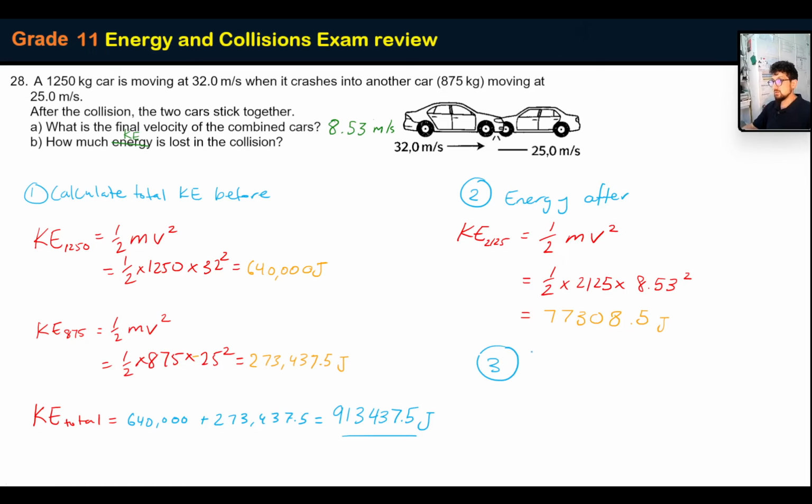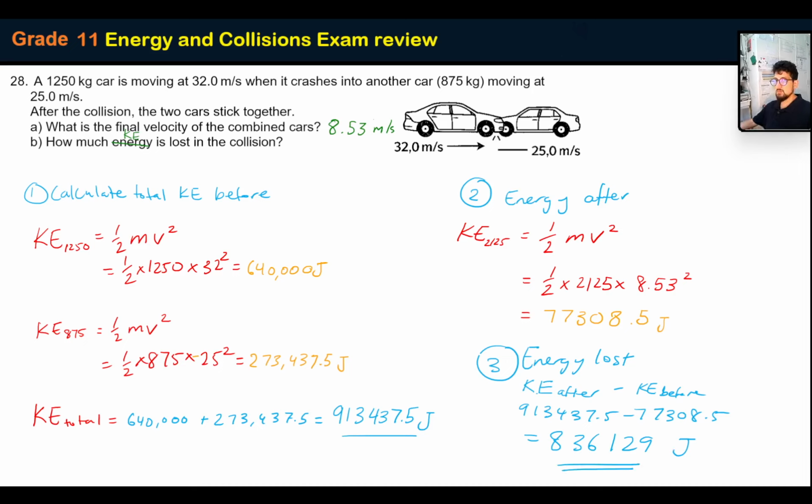So the energy lost is going to be energy after minus KE before, which is 913,437.5 minus 77308.5, and that equals 836,129 joules. That's how much energy was lost. It's a big number, but obviously it must have been quite a horrendous crash. Most of that energy is lost as deformation energy. Okay, so there'll be sound, heat, as well as deformation.